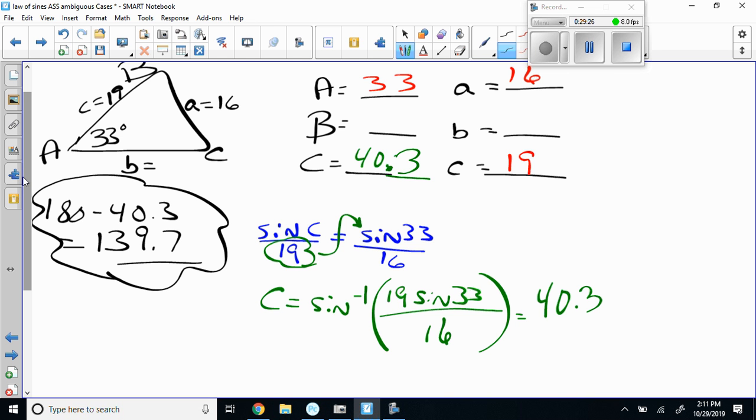Yes? Okay, so how do I find angle B right here for the first triangle? Those two added together, subtracting from 180. What is that? How much? What is it? 106.7? Oh man, that's a radio station. 106.7.